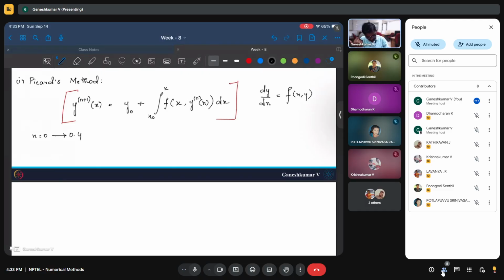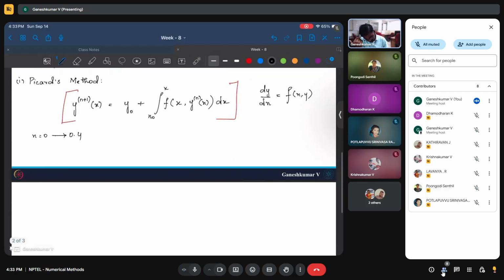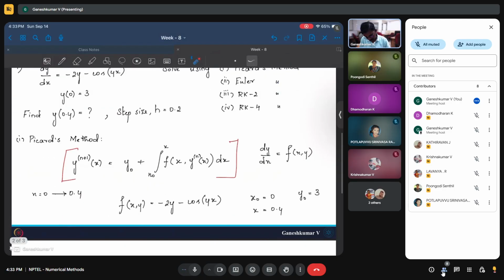This function is minus 2y minus cos 4x. Our x naught is 0, x is 0.4, and y naught is 3, which is given in the question: y at x naught equal to 0 is 3.